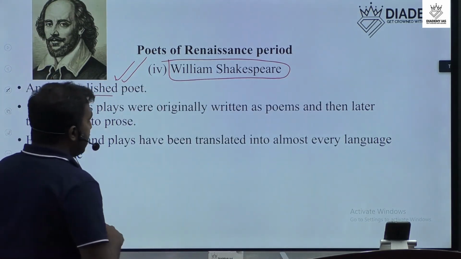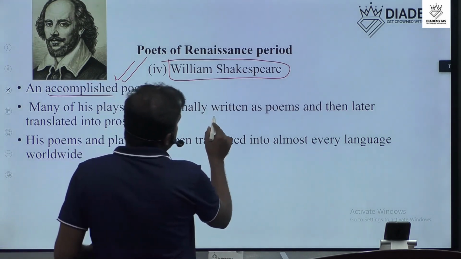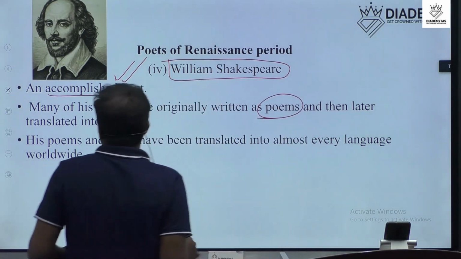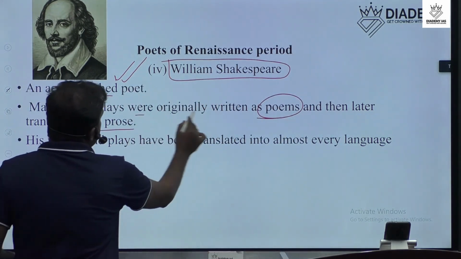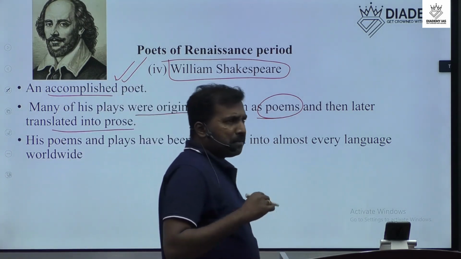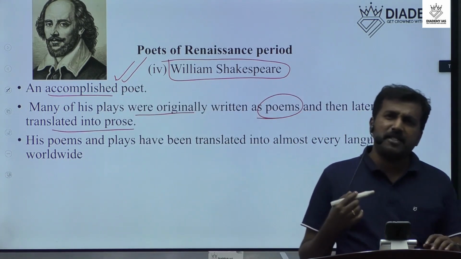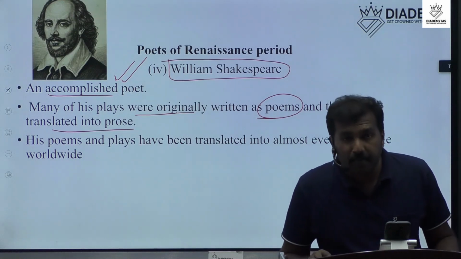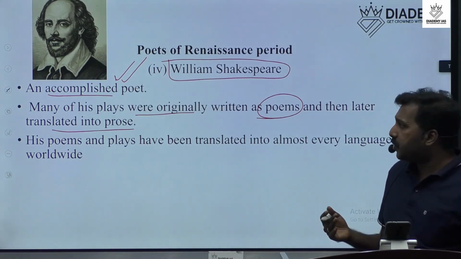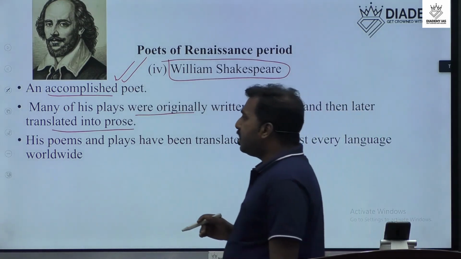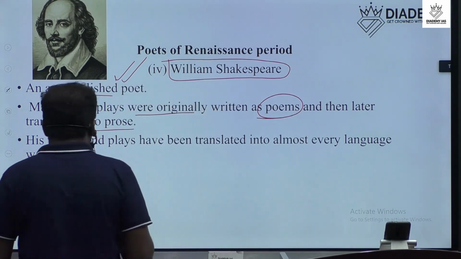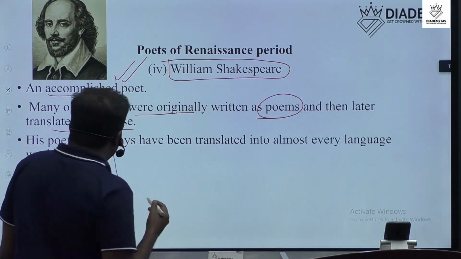And next, Shakespeare's most works are based on poems. Then later it changed into prose. That was the method of literary work in Shakespearean time.